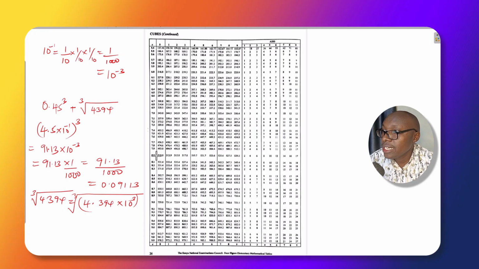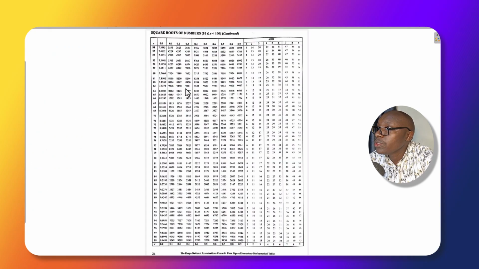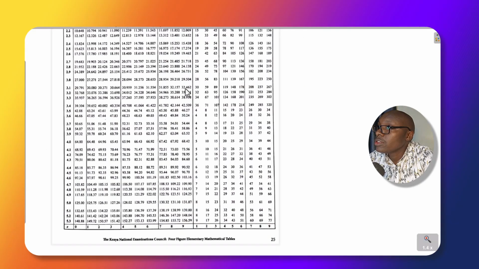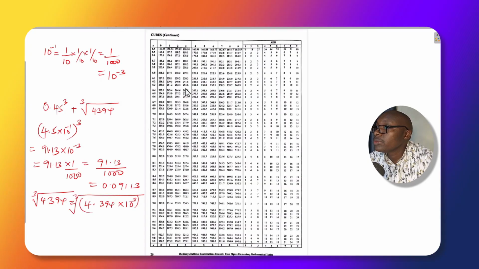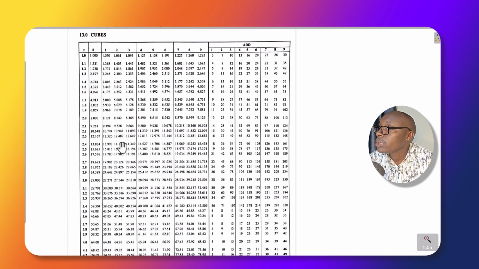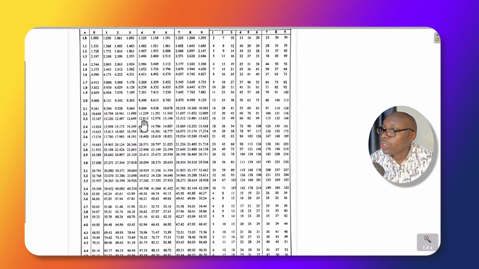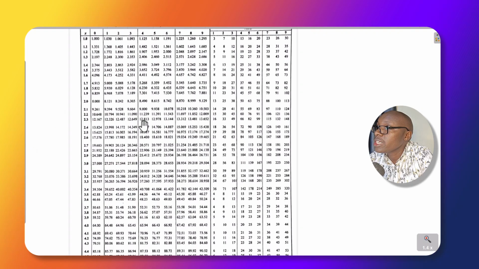but now you'll check inside this table where we have 4.394, or the number that is closest to that. So we need to be very keen. This is a cube table, not square roots. So we are looking for the number that is 4.394.